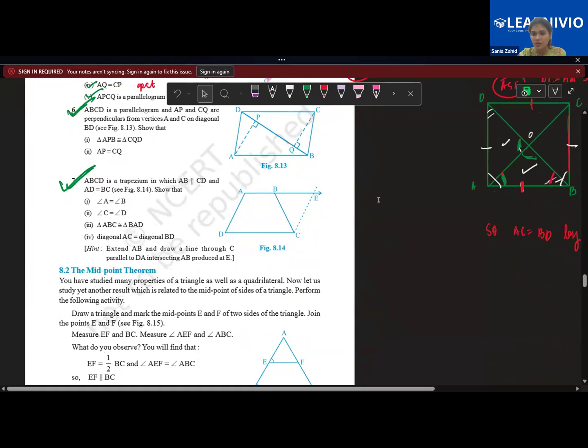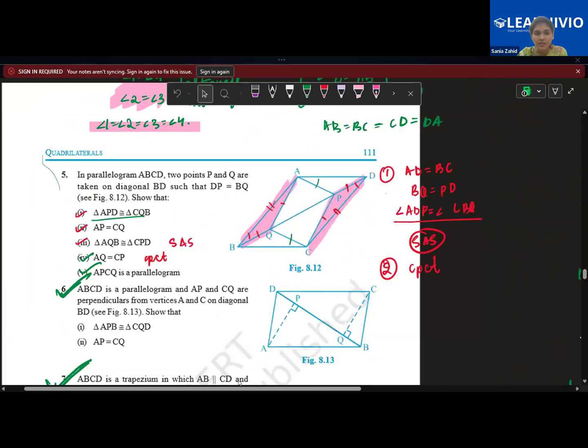I had a doubt in the question we did. Question number 5. So we have in parallelogram ABCD, two points P and Q are taken on diagonal BD.